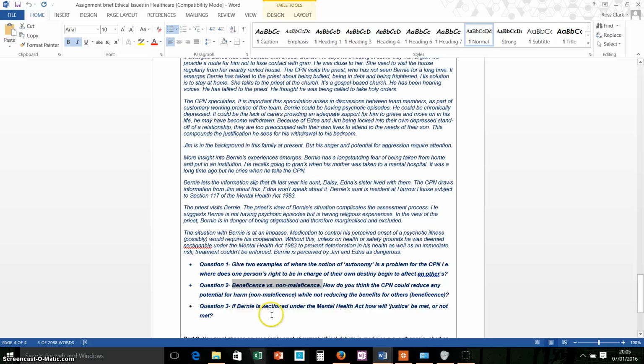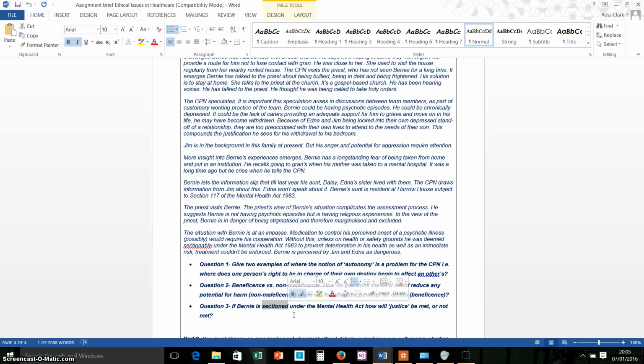The final question is talking about the Mental Health Act. So you may have to do some independent research on what the Mental Health Act is, and, by sectioning somebody, once again, if you don't know what section is, do independent research, how will justice be met?